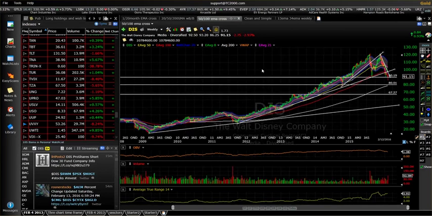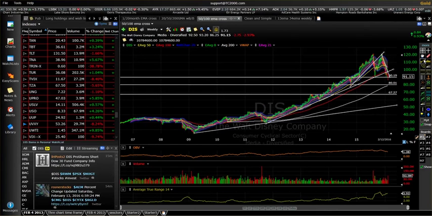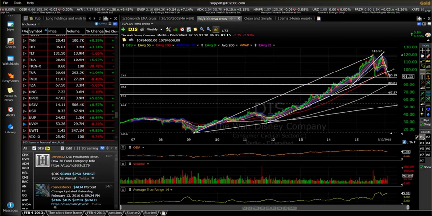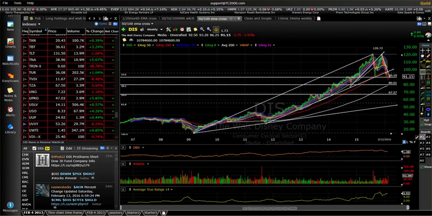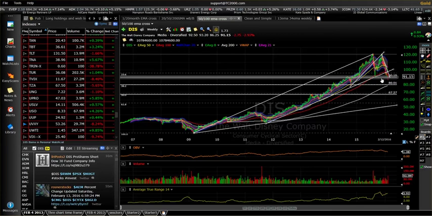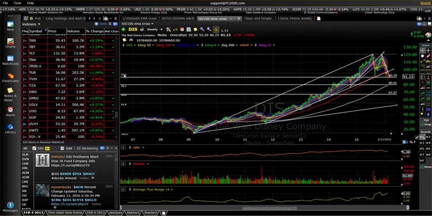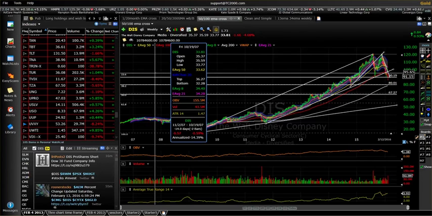But let's not just take my word for it. Let's take a look at the Fibonacci's and see what we've got for retracements. So we have the price support at 90, but there was a 23.6% retracement at 95.